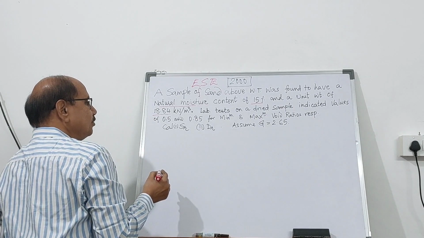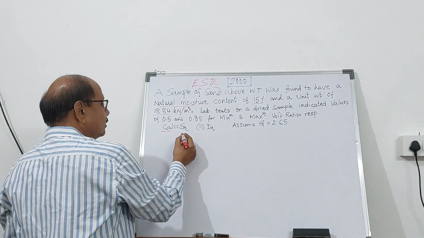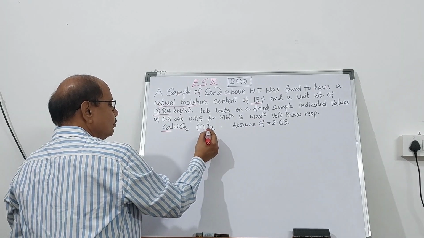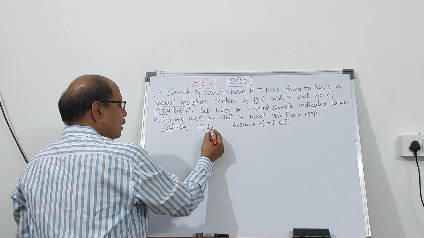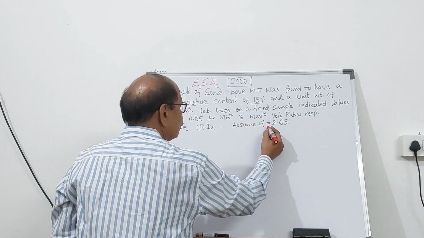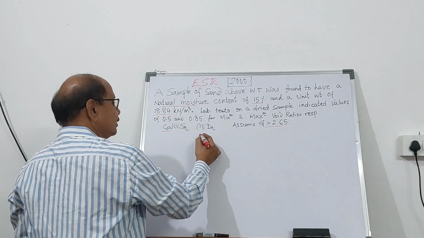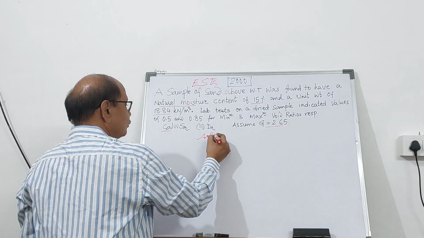So Emax and Emin are given. We need to calculate the degree of saturation, then the relative density, and assume G equal to 2.65. So let's see the solution of this problem.